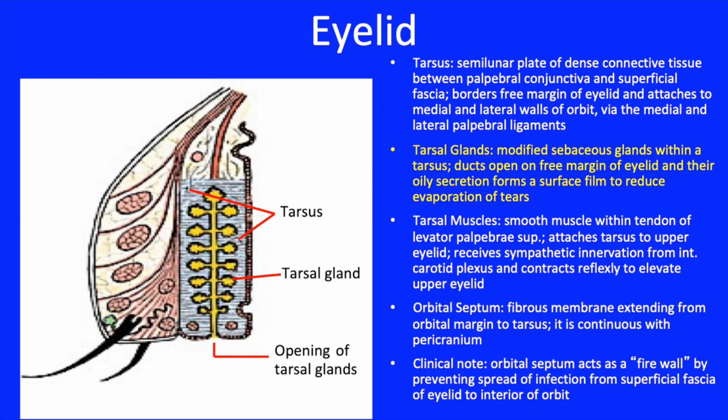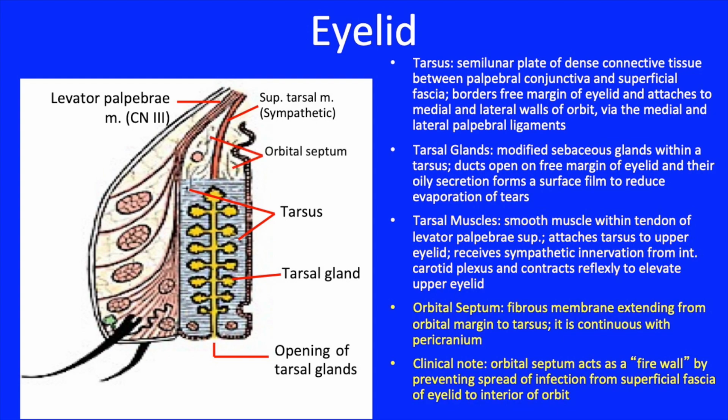Ducts open on free margins of the eyelid, and their oily secretions form a surface film to reduce evaporation of tears. The tarsal muscles are smooth muscles within the tendon of the levator palpebrae superioris. The tarsal muscles attach the tarsus to the upper eyelid. They receive sympathetic innervation from the internal carotid plexus and contract reflexly to elevate the upper eyelid.